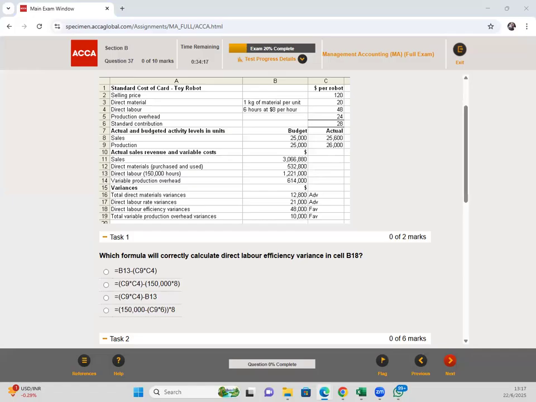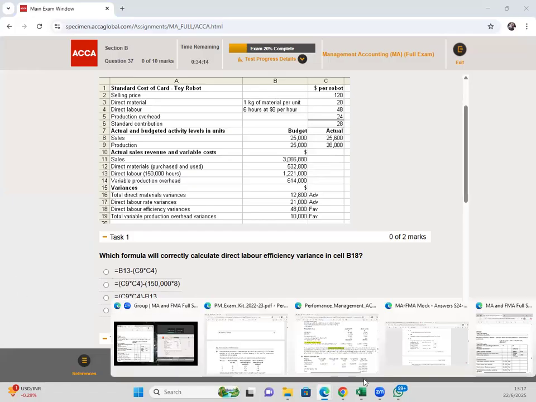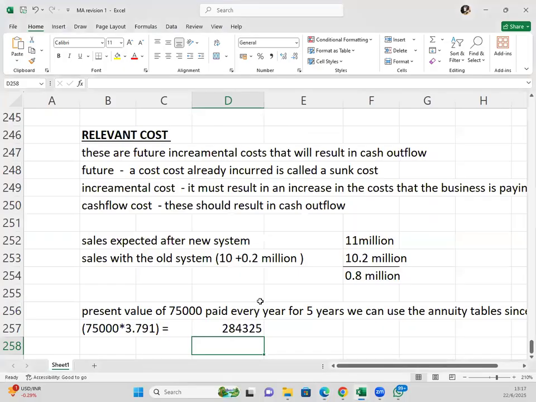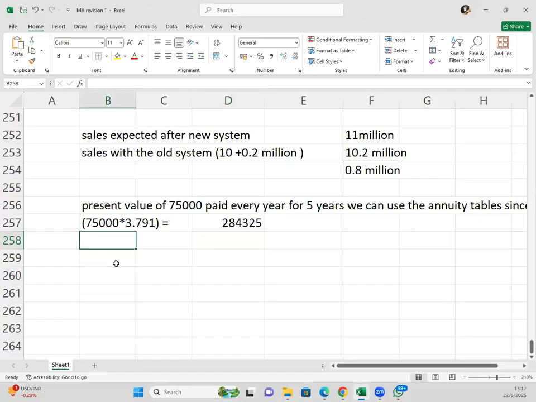So for our labor efficiency variance, before we look at their answers, we say the standard hours minus the actual hours times the standard rate.